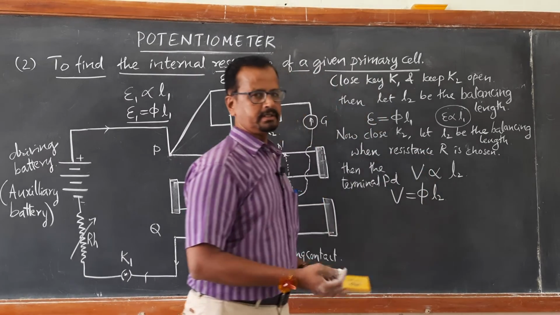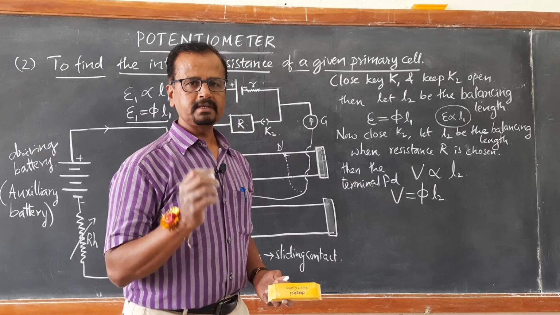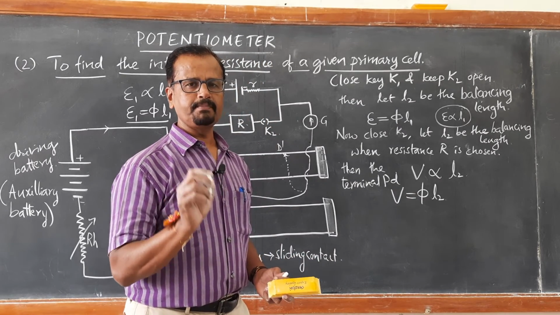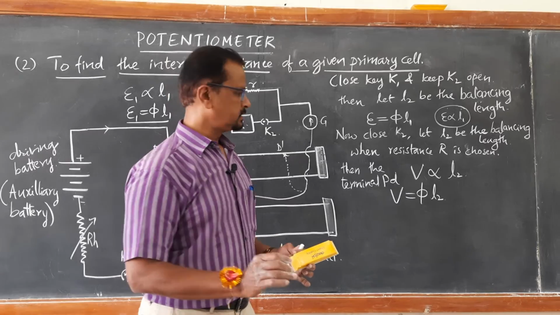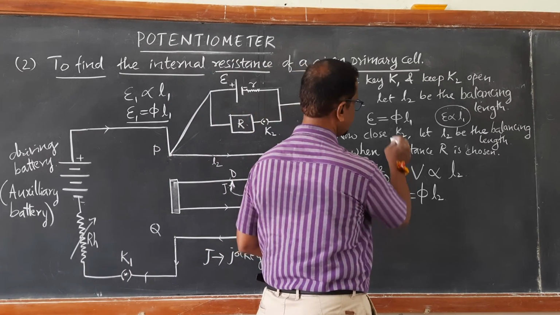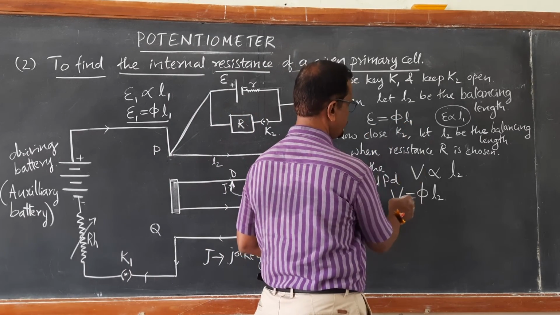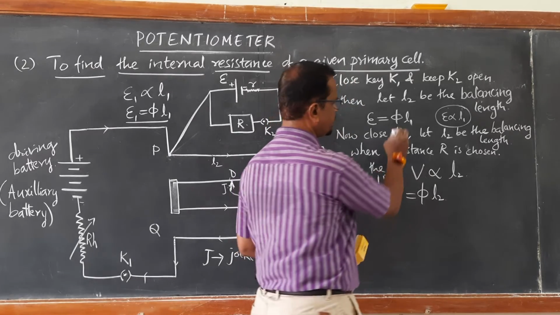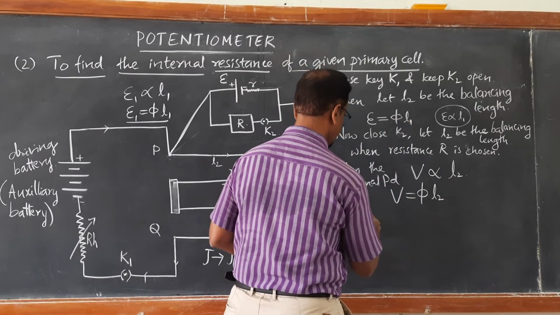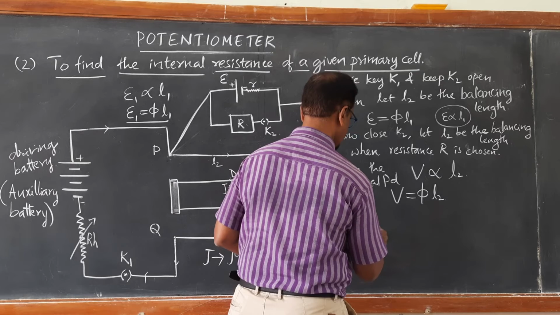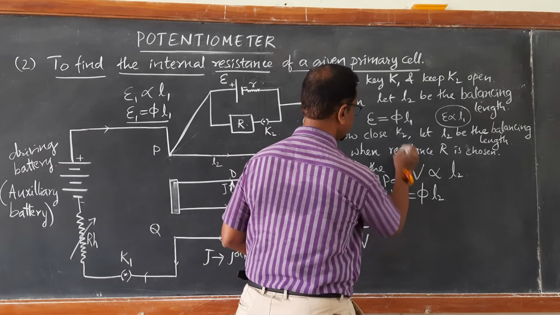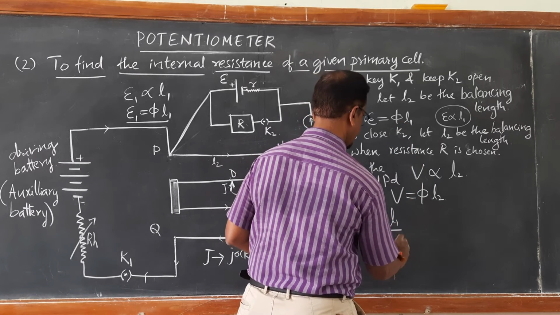This phi is constant. Volt per centimeter, that is potential drop per centimeter, is always constant. Therefore, we can very easily write E equal to phi L1, V equal to phi L2. Now taking the ratio of these, we get E by V equal to L1 by L2, phi getting cancelled.